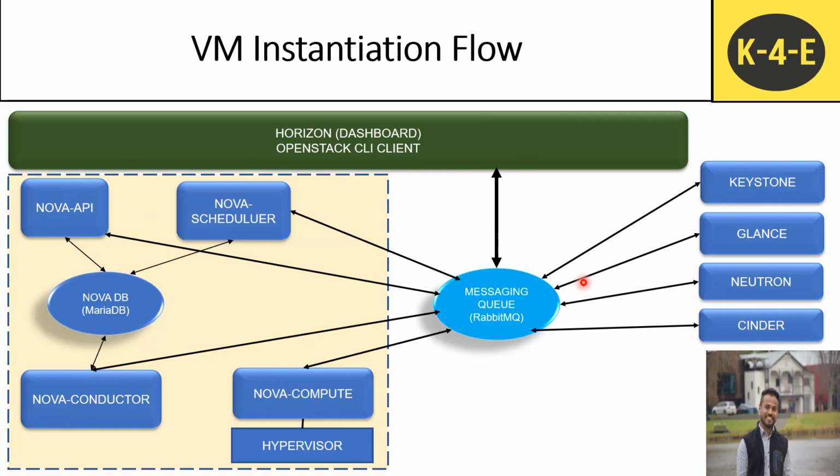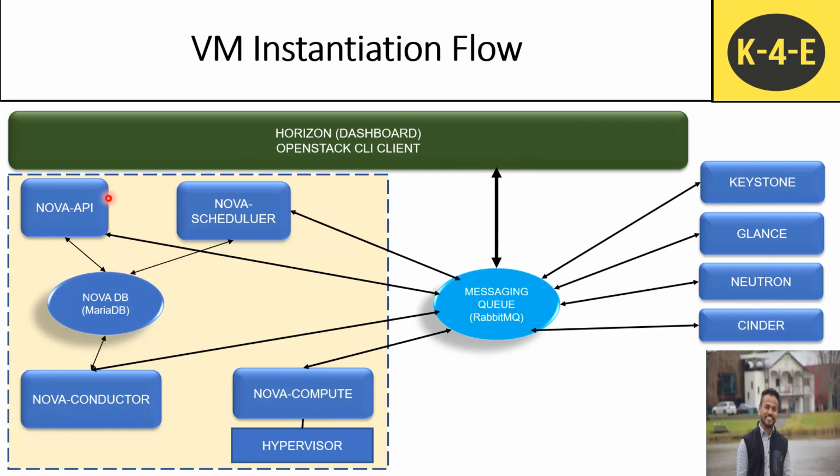Without the authorization token, you cannot talk from one service to another service. But if you are talking internally, like Nova API talking to Nova scheduler, or Nova compute, or Nova conductor, it does not need the authorization token. But if it needs to talk to an external service like Keystone, Glance, Neutron, Cinder, definitely the authorization token is required.